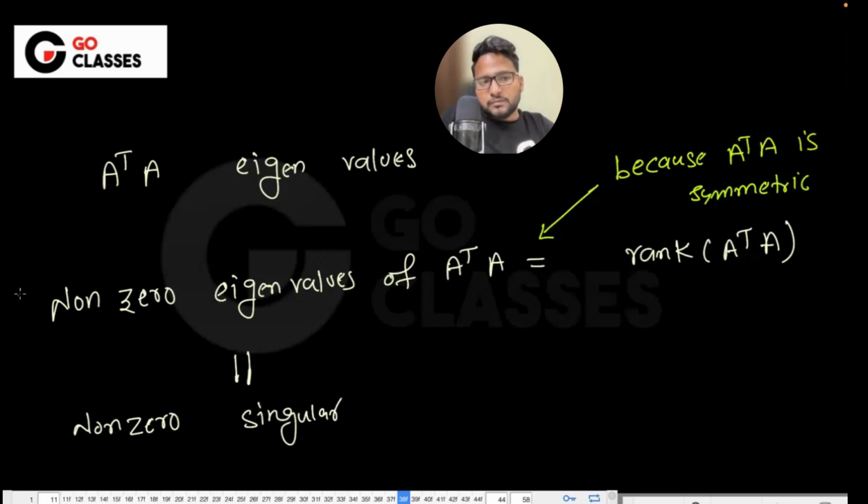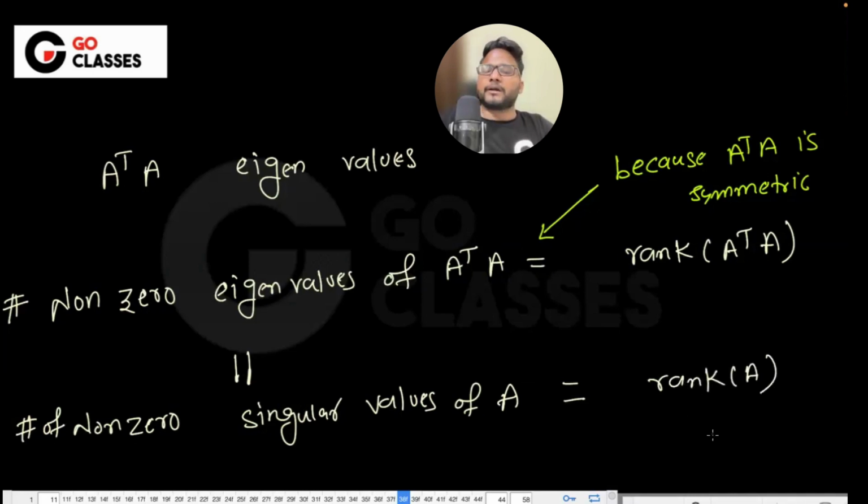So this is basically the number of non-zero singular values of A, because it's just a square root, right? And instead of this, I'm writing the rank of A. So basically, the rank of A is nothing but the number of non-zero singular values of A.